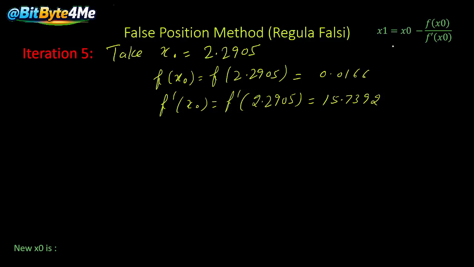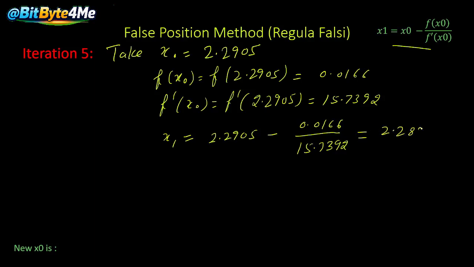By using this formula we will get the value of x1 is equal to 2.2905 minus 0.0166 divided by 15.7392, and if you calculate it, you will get 2.2894. So you got x1 as 2.2894, and this value will become x0 in the next iteration.